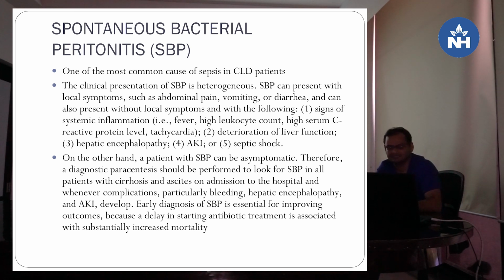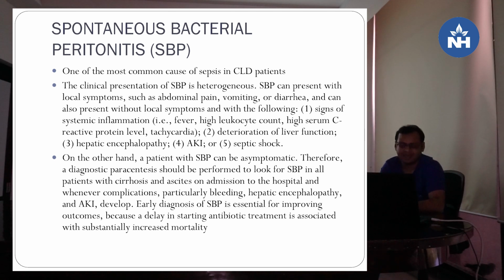Clinical presentation varies. It can present with local symptoms such as abdominal pain, vomiting, diarrhea, or can present without symptoms. Signs of systemic inflammation: fever, high leukocyte count, high CRP, tachycardia, deterioration of liver function, hepatic encephalopathy, AKI, septic shock, anything can happen.